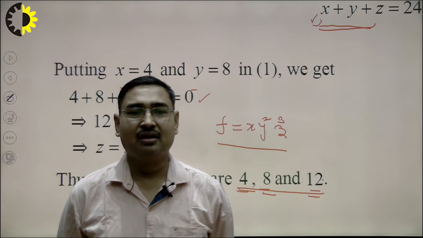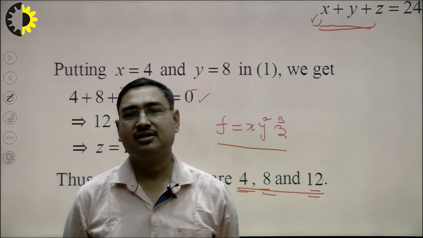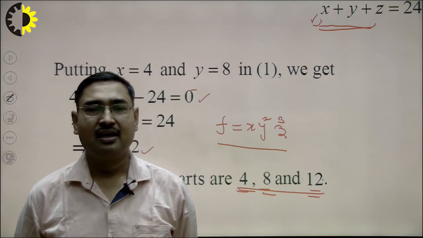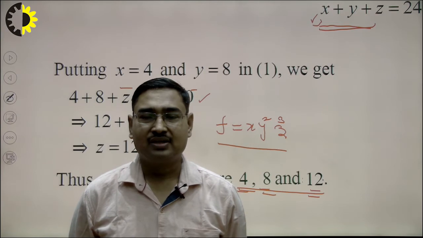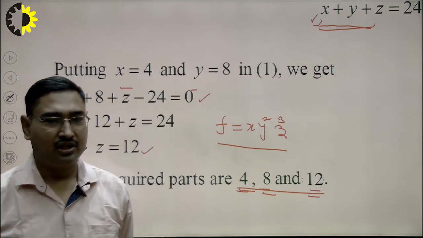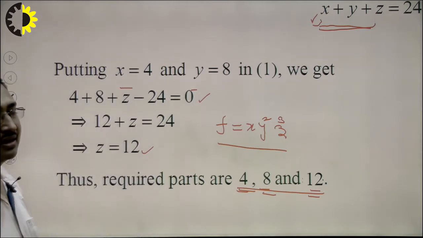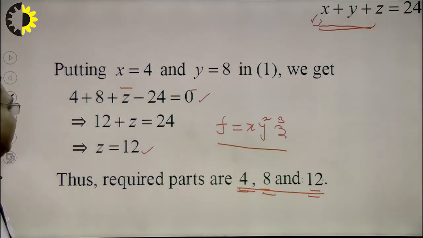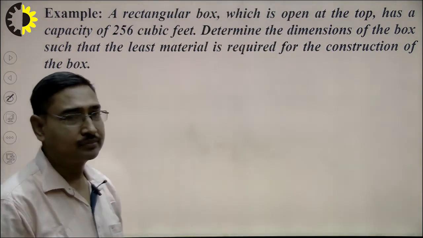Substituting f and phi in those Lagrange equations, we obtained the equations in terms of x, y and z, including lambda also. Solving those equations for x, y and z, I obtained the stationary point, and then applying the argument I said that these values of x, y and z will give maximum of f, because f can't be minimum.